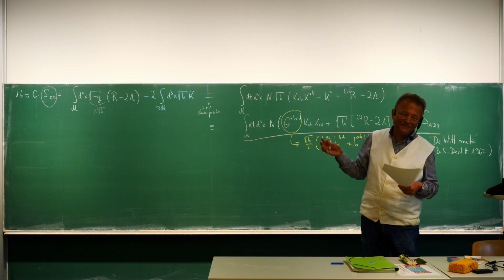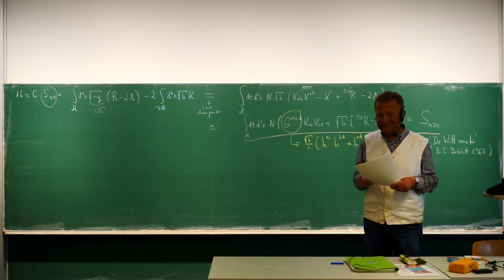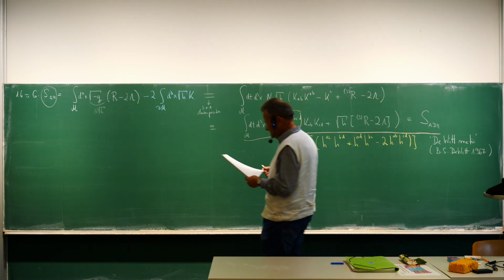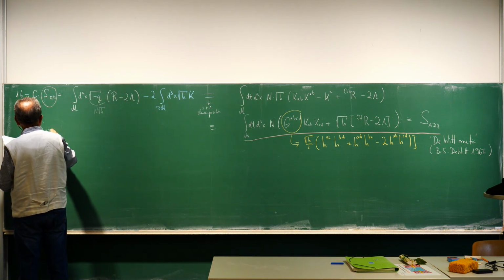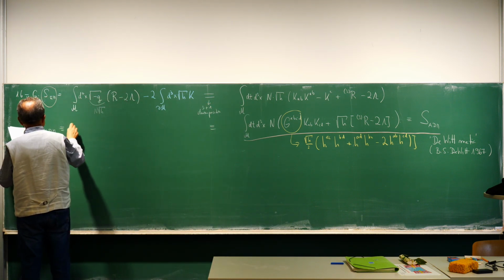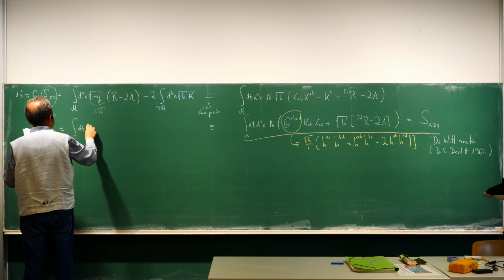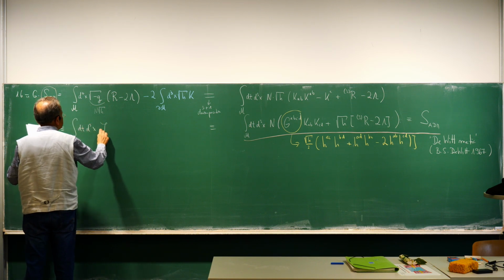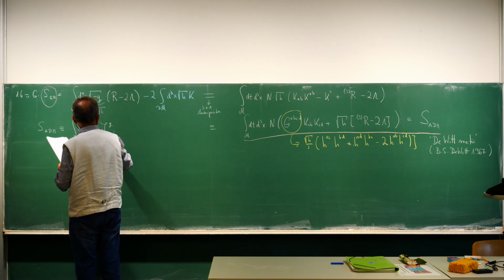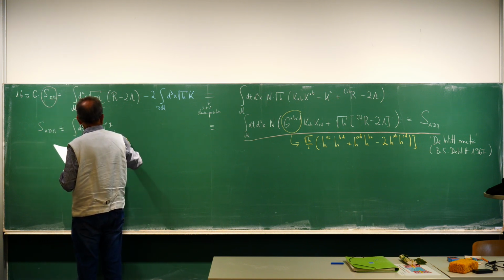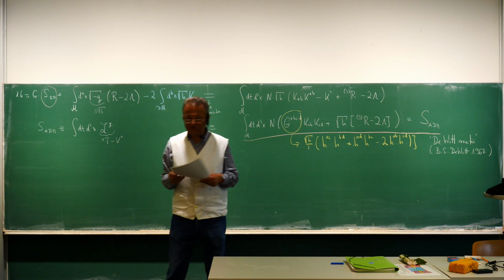It's just that here the things are a bit more complicated. So S_ADM can be written as integral dt d3x of a density L_g, and this has the form kinetic energy minus potential energy.